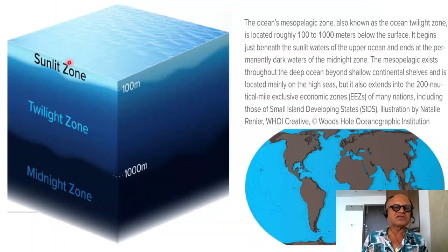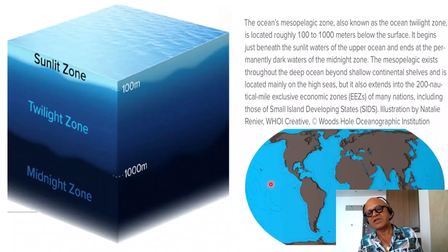So here is a simple picture of its sunlit zone down to about 100 meters, twilight zone with some light at the top and basically disappearing light at the bottom, and the so-called midnight zone or the aphotic zone. So the twilight zone tends to occupy most of the ocean, and some places, especially around the islands, the exclusive economic zones, also tend to have some of the twilight zones.